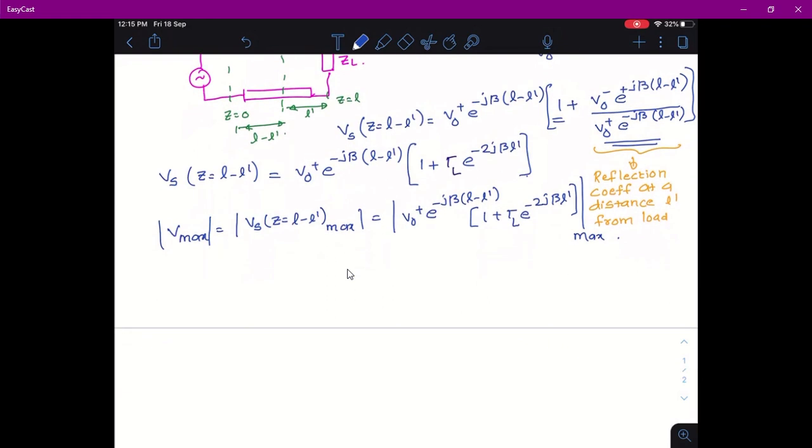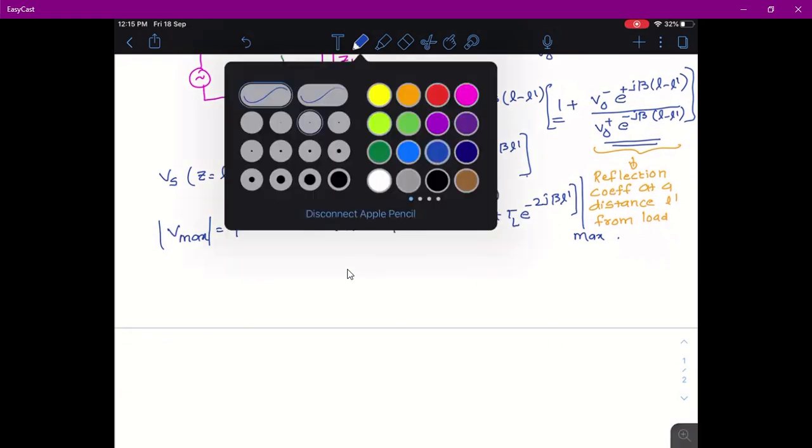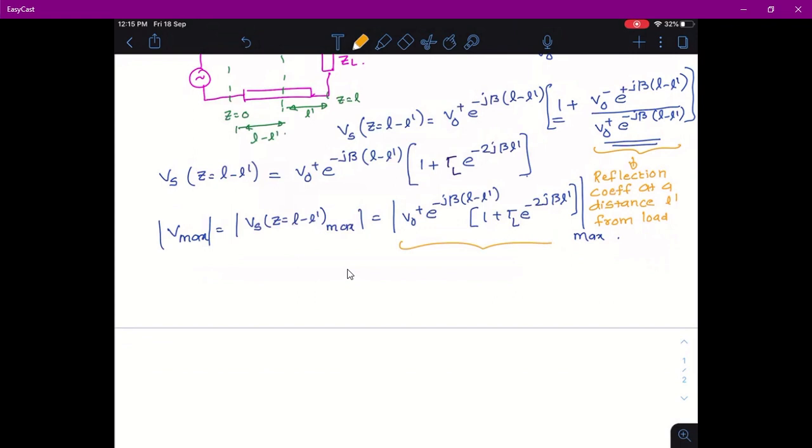Okay. So, we want to find the maximum value of this quantity.